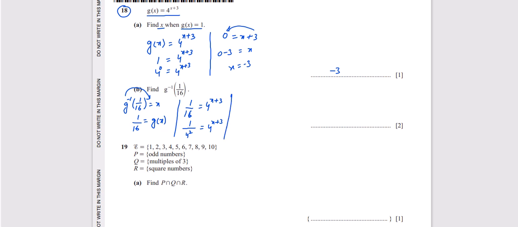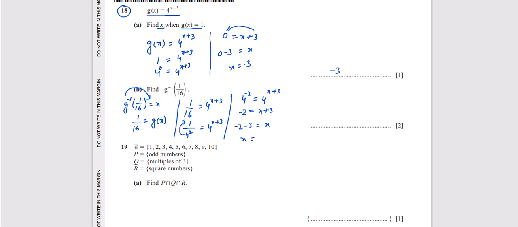And now this numerator shifts to the upper side, and the power will be negative. So 4 raised to the power minus 2 is equal to 4 raised to the power x plus 3. Bases are same, so powers are equal to each other. Minus 2 is equal to x plus 3. 3 shifts to the other side: minus 2 minus 3 is equal to x.